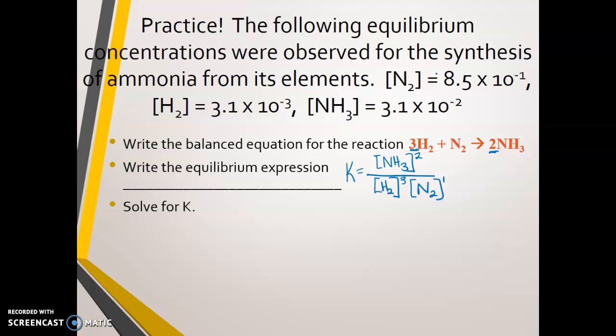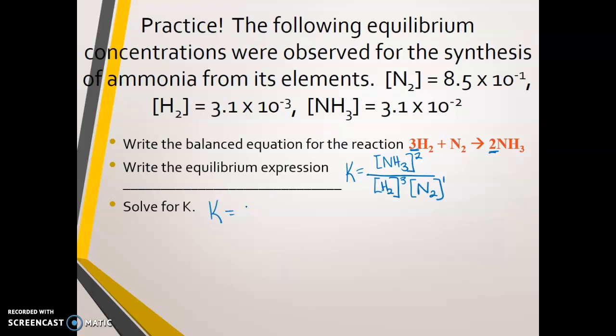Now we want to solve for K. In the problem, we were given the concentrations for nitrogen, hydrogen, and ammonia. Now that we have our equilibrium expression, we're just plugging our numbers into it.